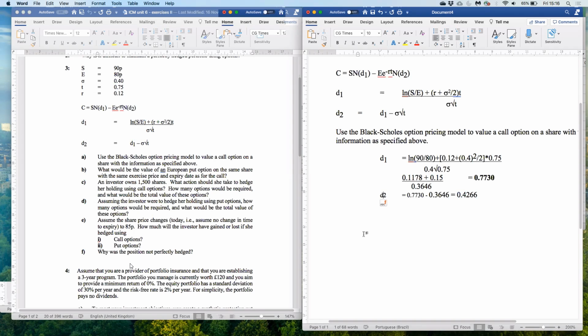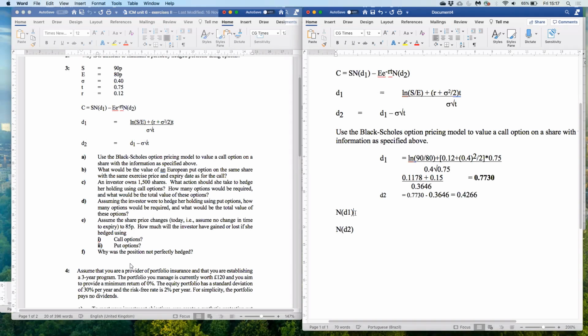Next is to calculate N(D1) and also N(D2). What's the meaning of N(D1)?